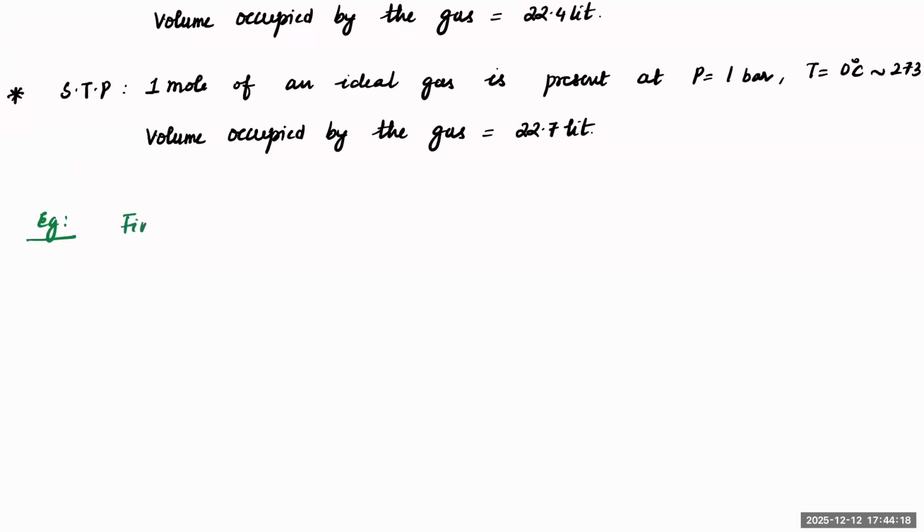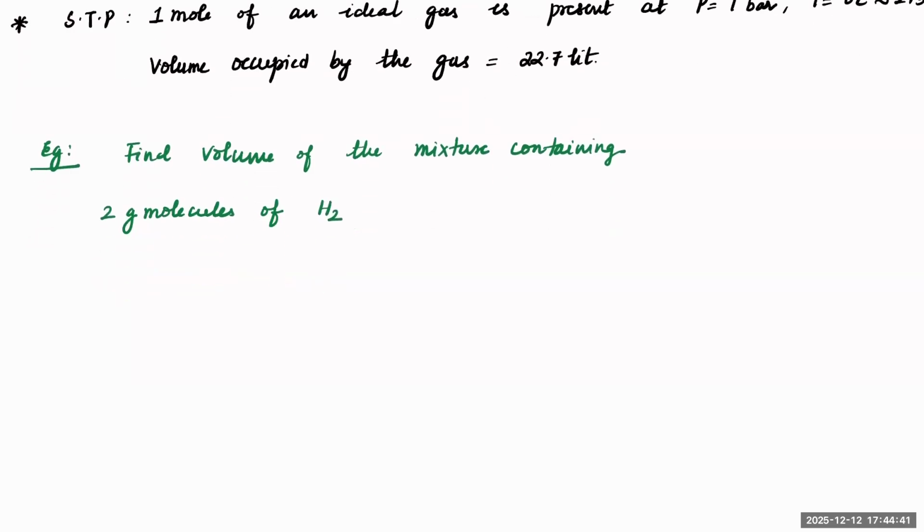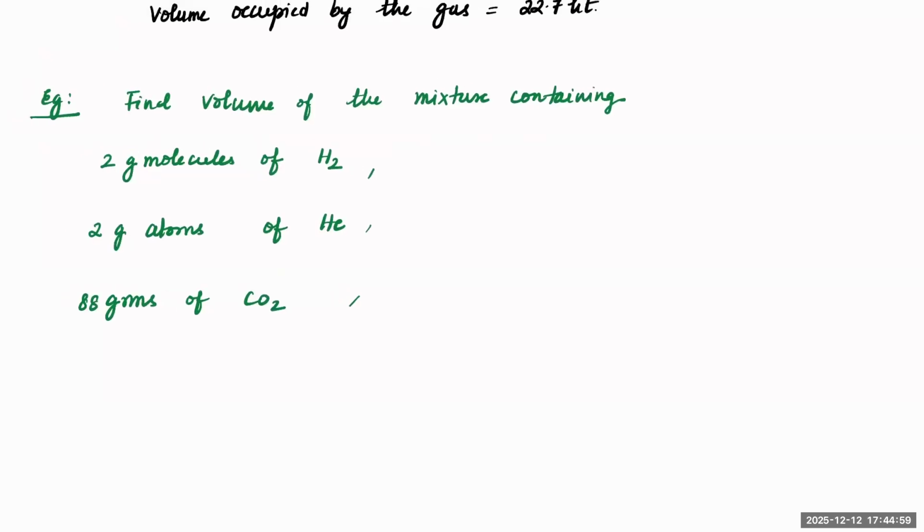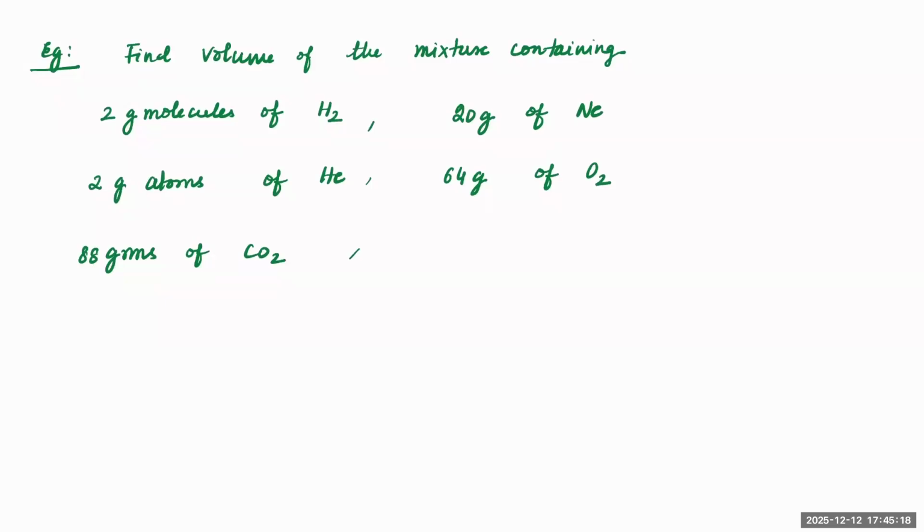So find volume of the mixture containing 2 gram molecules of hydrogen, 2 gram atoms of helium, 88 grams of carbon dioxide, 20 grams of neon, 64 grams of oxygen, and 5 moles of nitrogen.